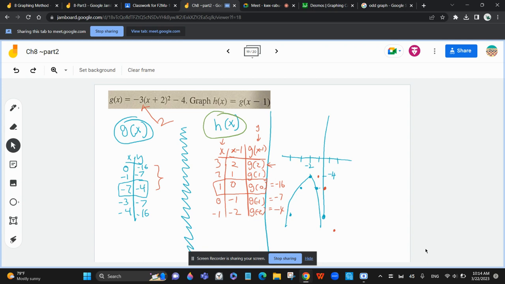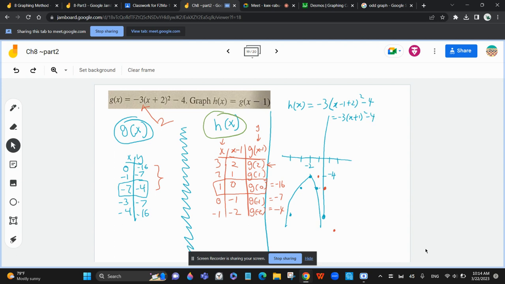To see that, how about we write out h of x? h of x is g of x minus 1. So we have x minus 1 plus 2 squared minus 4, which equals negative 3 times x plus 1 squared minus 4.